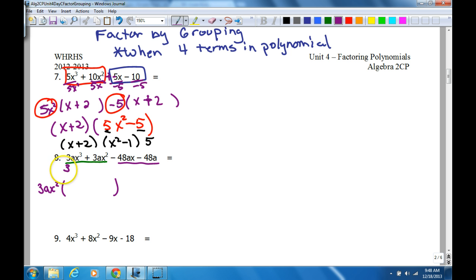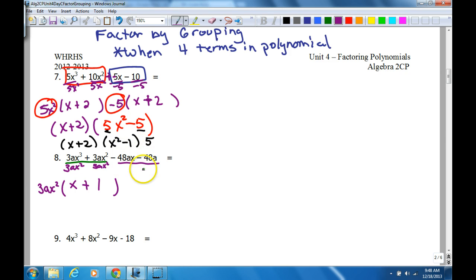Now if I divide both of these by 3ax squared, what am I left with on the first term? An x. What am I left with on the second term? A 1. Good. That one, typically, a lot of people tend to say it's a 0. But really, 3 divided by 3 is 1. Correct? Okay.